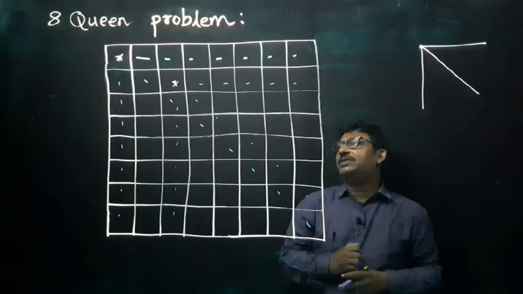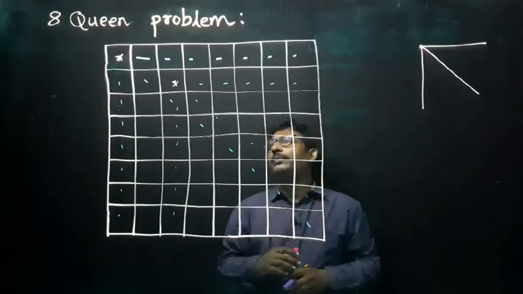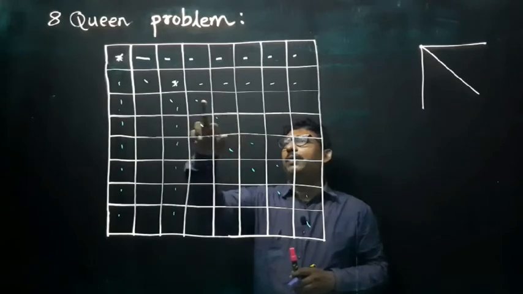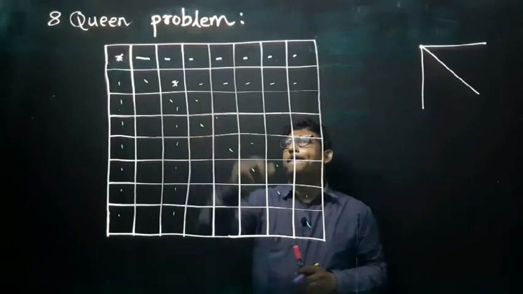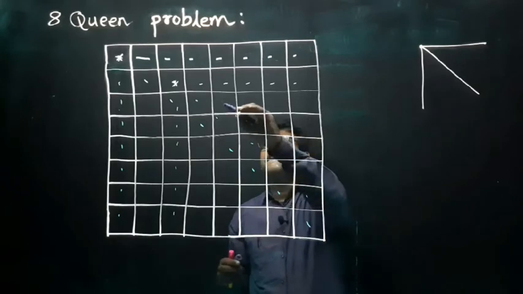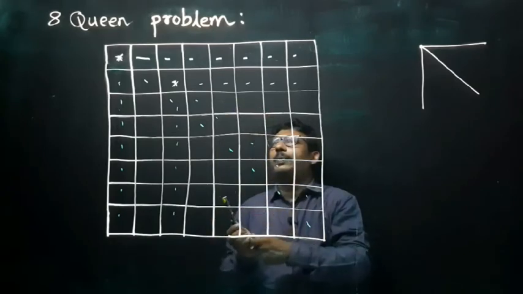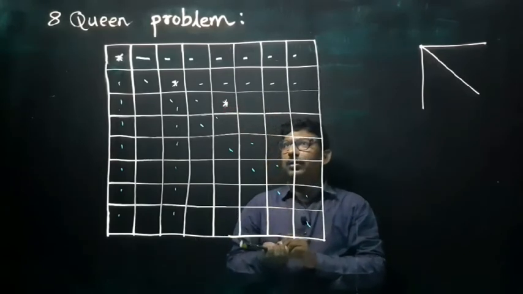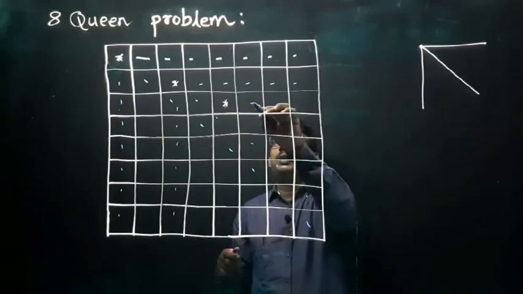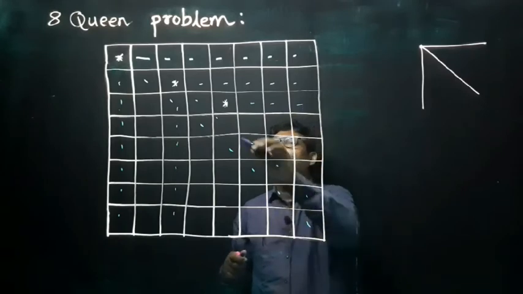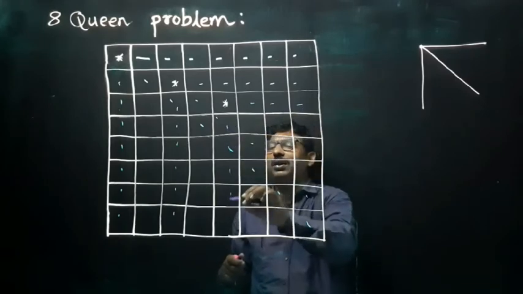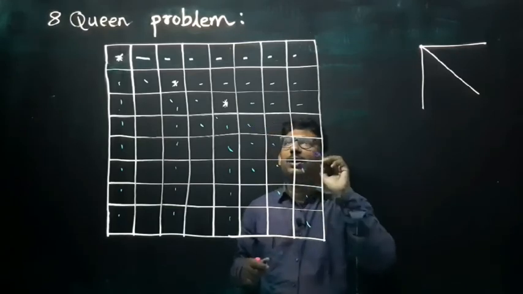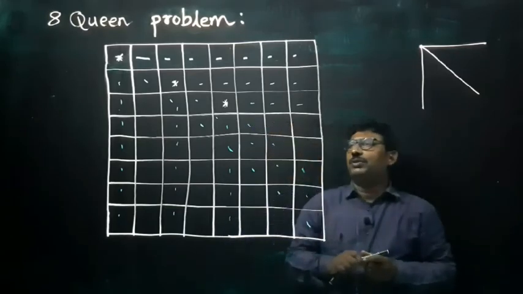And next step, what you can do is keep the queen here. Now you can't keep the queen in this particular row, you can't keep a queen in this particular column, and you can't keep a queen in this particular diagonal.